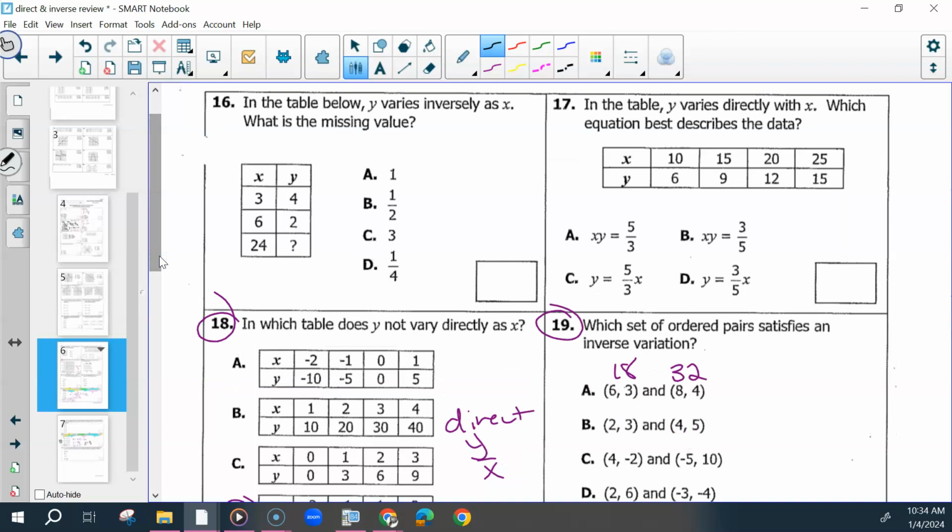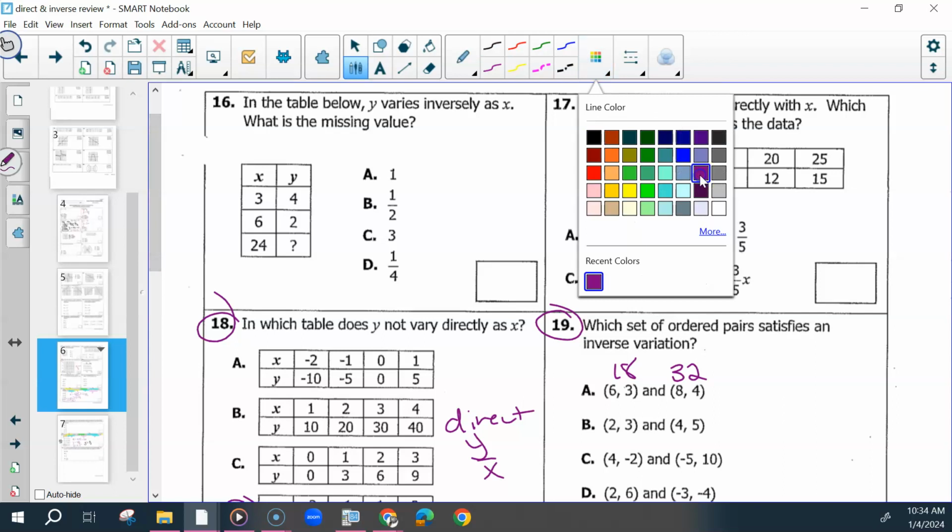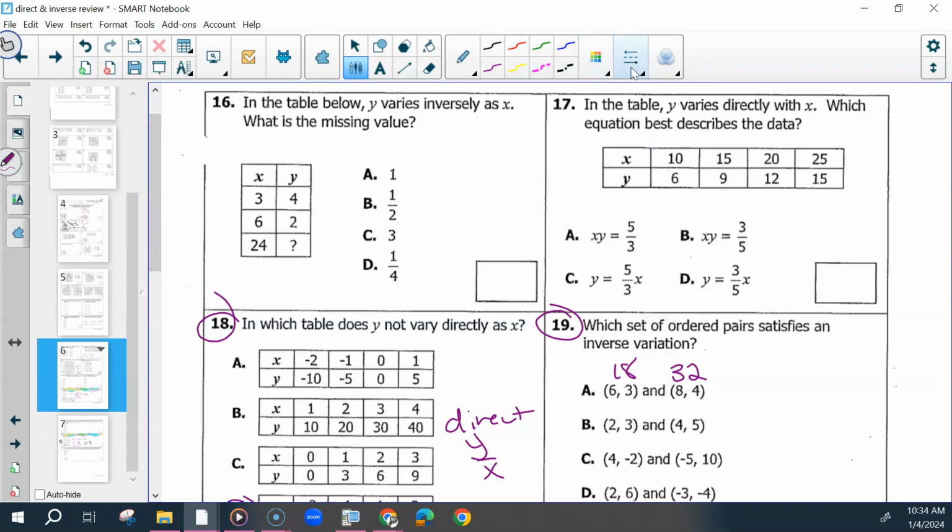What is the missing value? So you can really do a couple different things with this. One way to do this would be to find your k value. So 3 times 4, 6 times 2, what would that give you? 12. So that means whatever this multiplies to be, it has to be 12. So you can set up your equation.